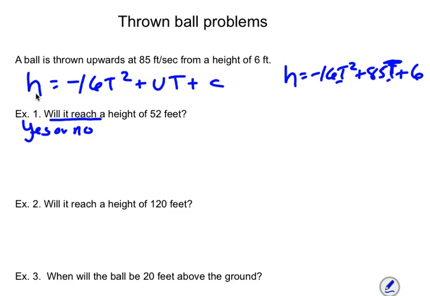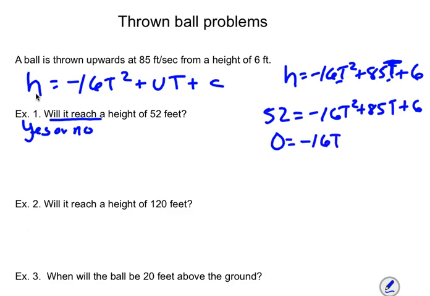So for this problem, I want to know if I'm going to reach 52 feet. So I just plug a 52 in here. And in any of these, you want to make them equal 0. So I'm going to subtract the 52 over. 6 minus 52 is negative 46. Now the temptation is to do the whole quadratic, but I don't need to do the whole quadratic.